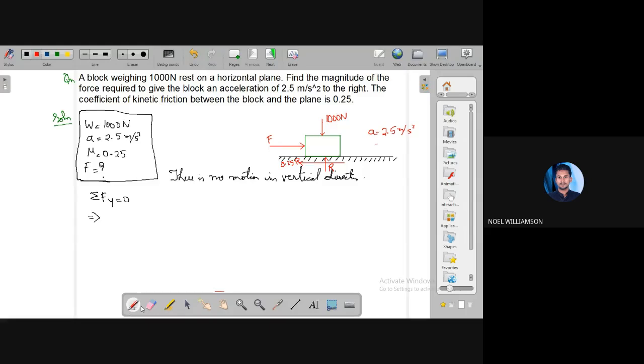Since there is no motion in the vertical direction or y direction, we can say sigma Fy equal to 0, which implies R minus 1000 equal to 0, or R equal to 1000 Newton.